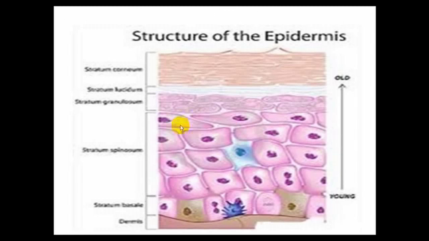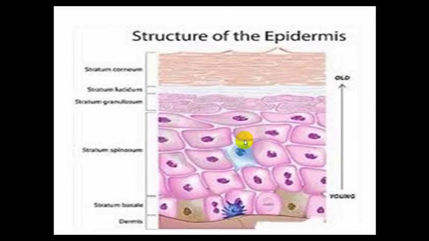We continue with the second layer, called the stratum spinosum. It is considered the thickest layer of the epidermis, composed of polyhedral to flattened cells.